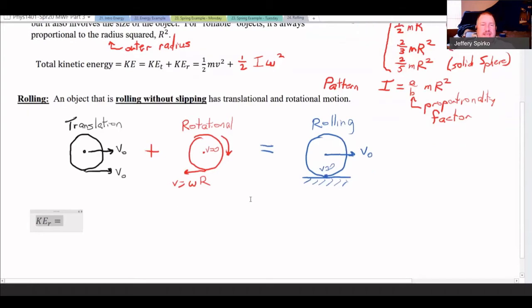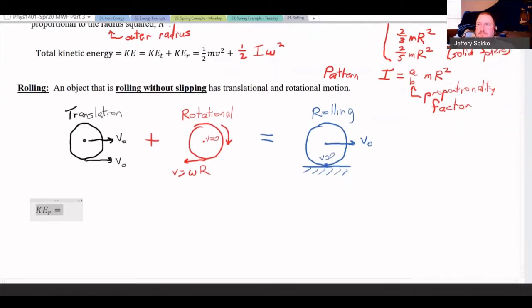And the speed of any given point on the object is just the rotational speed, omega, times the radius of that point on the object. And the rolling object actually involves a point at the bottom that is not moving at all.